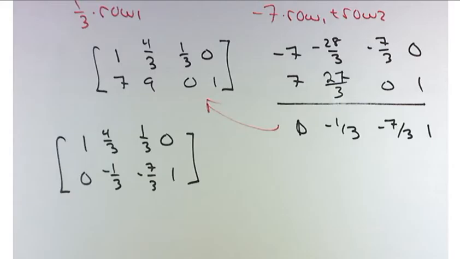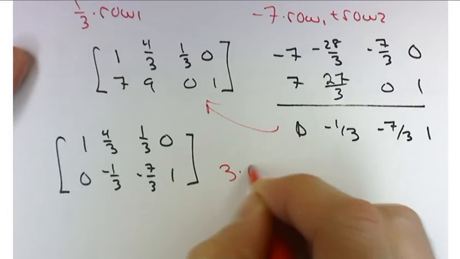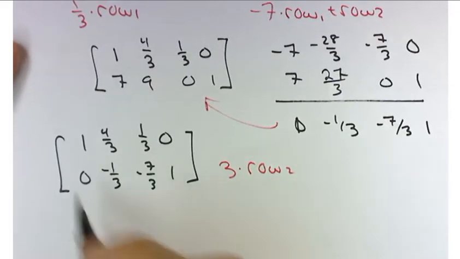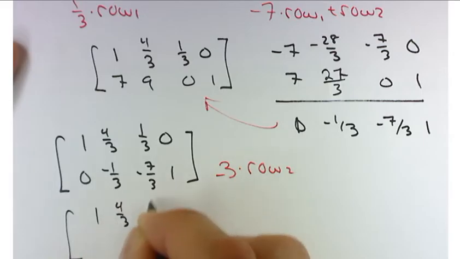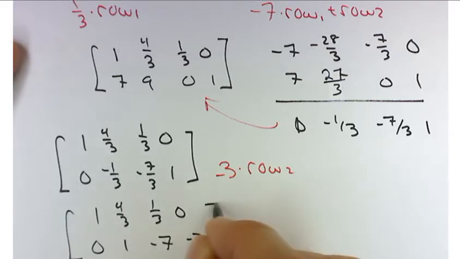Actually, I'll multiply this row by 3 then. So 3 times row 2. Negative 3, yeah, even better. Negative 3. So that gives me 1, 4/3, 1/3, and 0. 0, 1, negative 7, and negative 3.